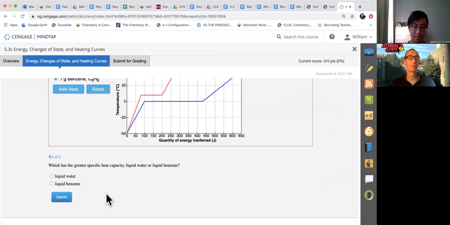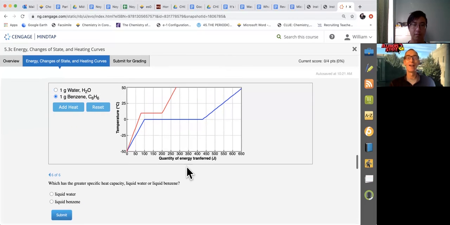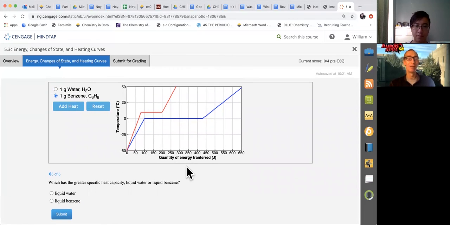One more to go. Which has the greater specific heat capacity, liquid water or liquid benzene? Okay, now, this is an interesting one, right? There's a lot going on here. Liquid water is this part of the blue curve, right? Because this is where it finishes melting and it starts to warm up some more, and the temperature starts to go up.